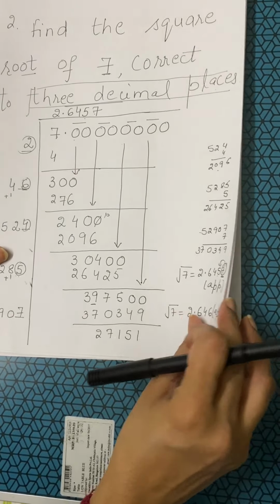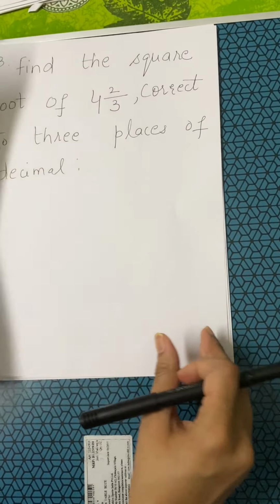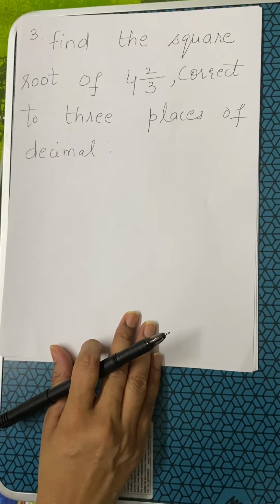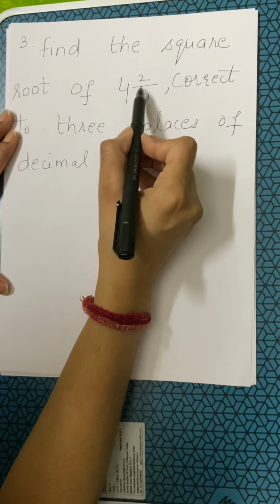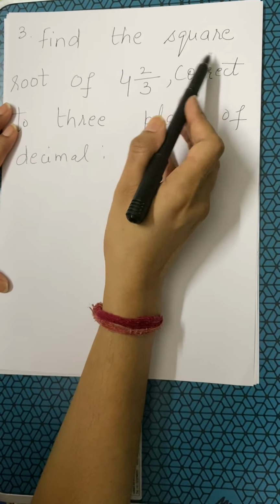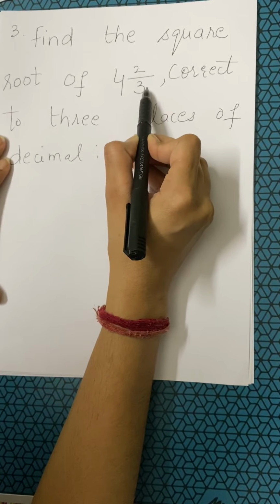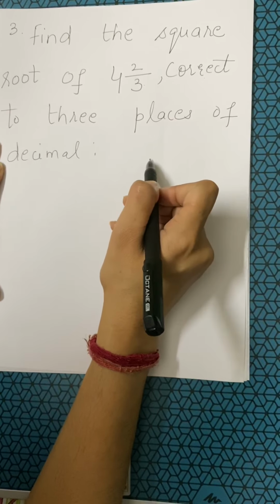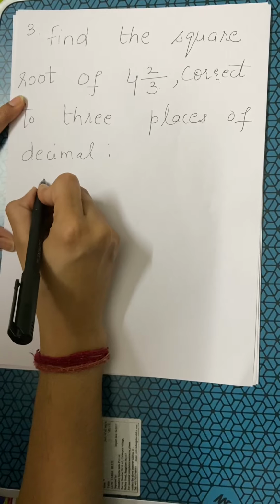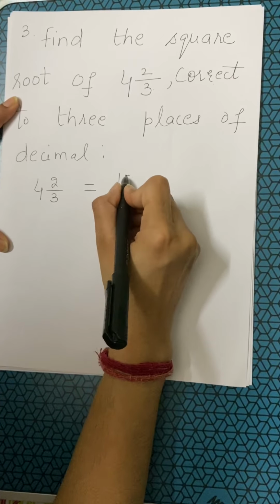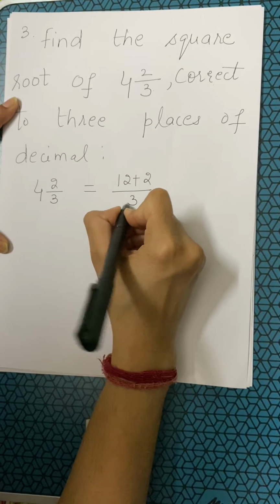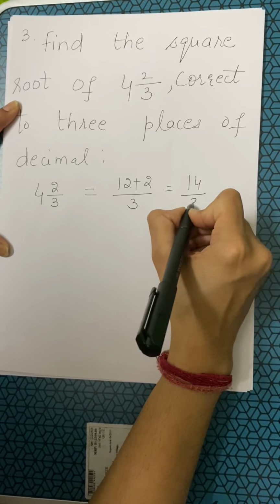Let us take a few more examples here. Okay, this is question number 3, third part. Now I took the question as a mixed fraction here. Find the square root of 4 2 by 3, correct to 3 decimal places. First of all, 4 2 by 3 will be 12 plus 2 by 3, that is 14 by 3.